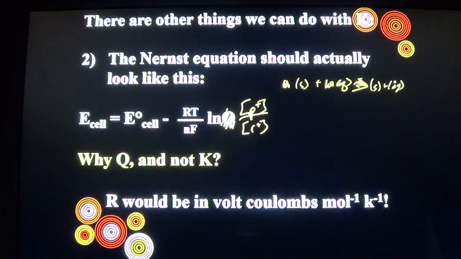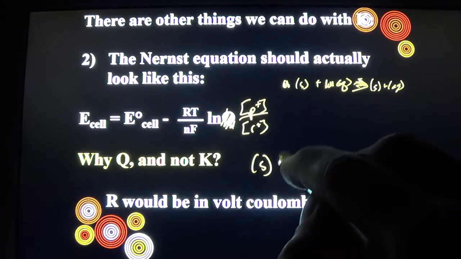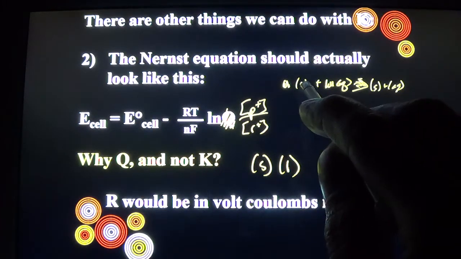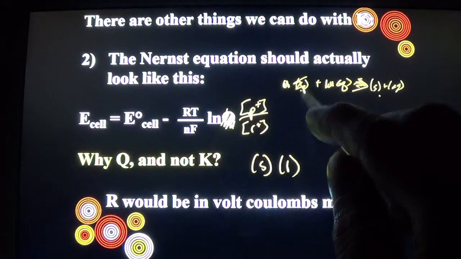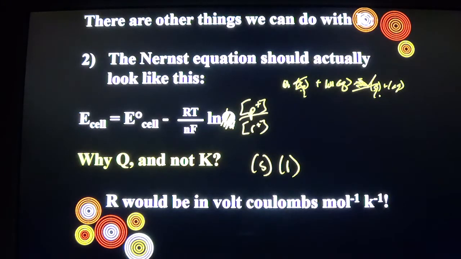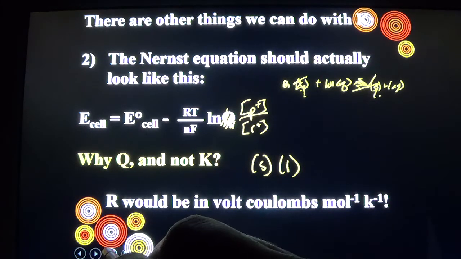What do we never put into a K or a Q? What two things should we never include in a K or a Q? Pure solids, pure liquids. And on each side of the arrow, we had a pure solid. So when I was telling you, you take product ion divided by reactant ion, I was telling you, you take Q. That's exactly what I was telling you, because that's what Q will end up to be.